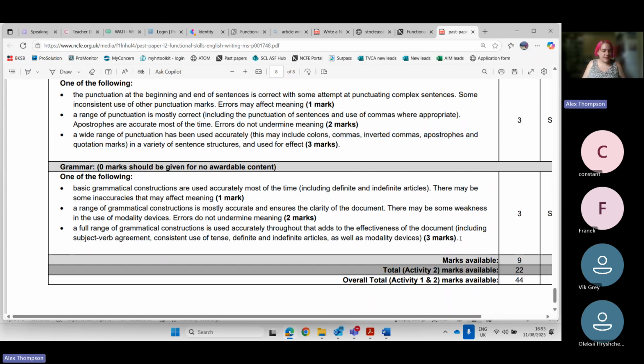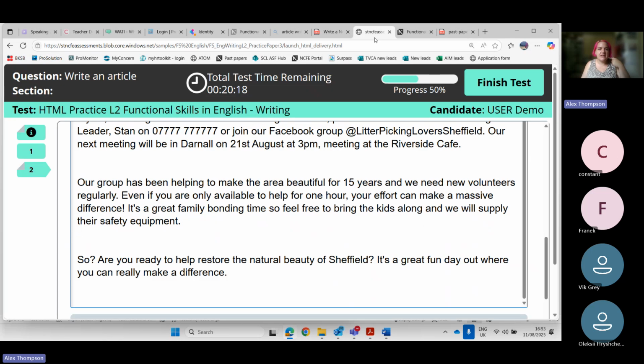Grammar is the hardest one, but it's ensuring that we are making our subjects and verbs agree. Let's just go back and have a look at this. Our group has been in the past helping to make the area beautiful for 15 years. We need to ensure that when we're talking about the past, all of our word endings agree.